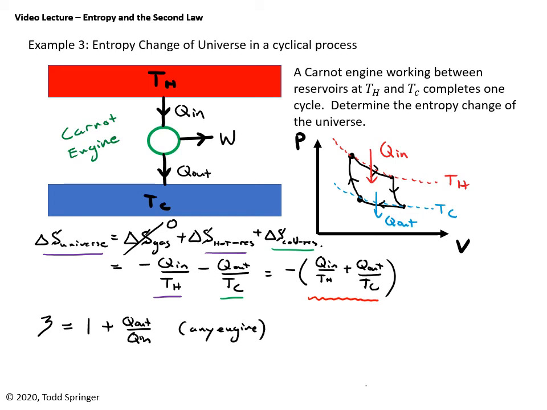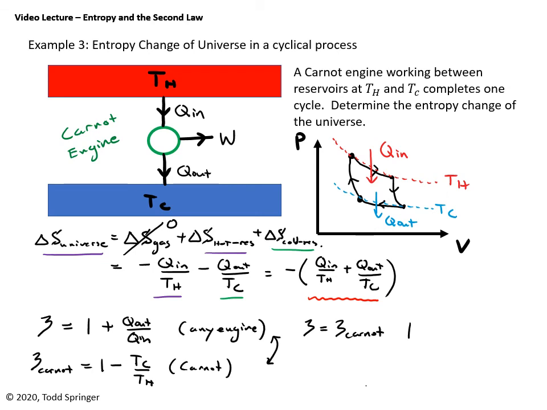But then we also worked out that for a Carnot engine, it's 1 minus T cold over T hot. This is Carnot. By setting those things equal, because in this case we have a Carnot engine, and a Carnot engine is of course any engine, I can set those two things equal to each other. So eta equals eta Carnot, because it's a Carnot engine.